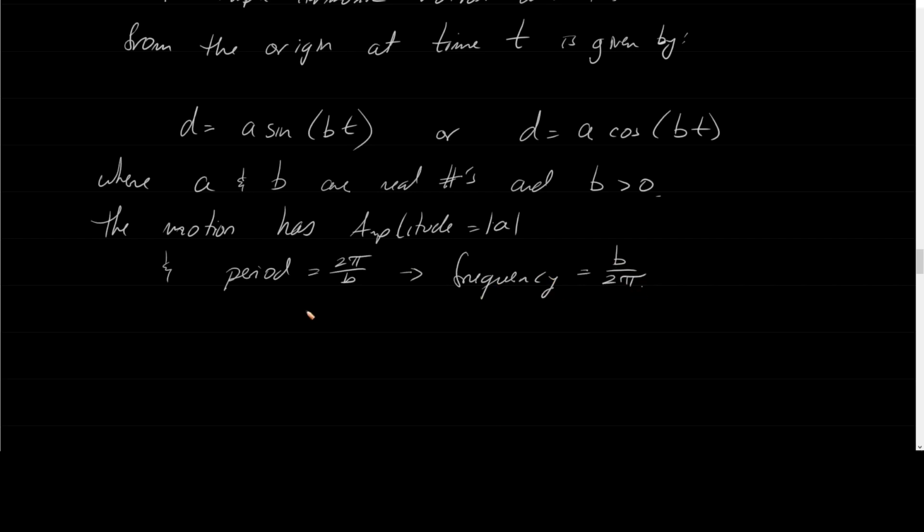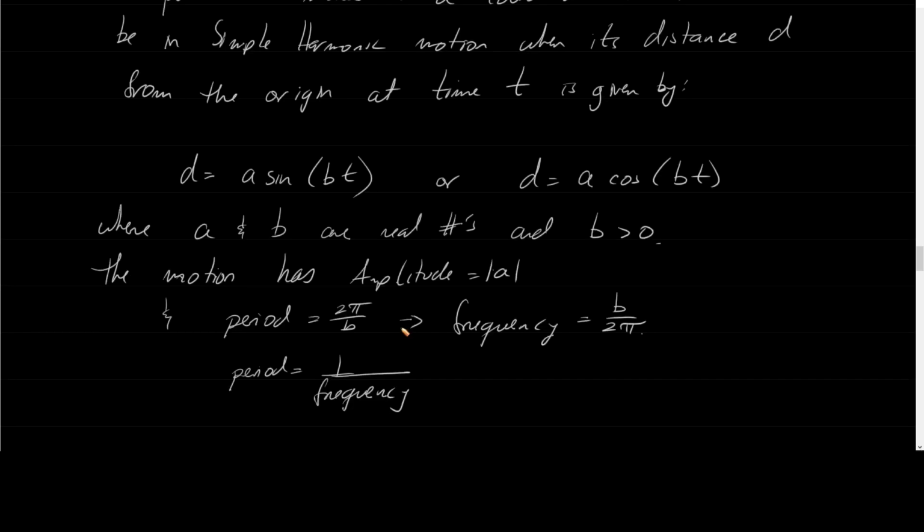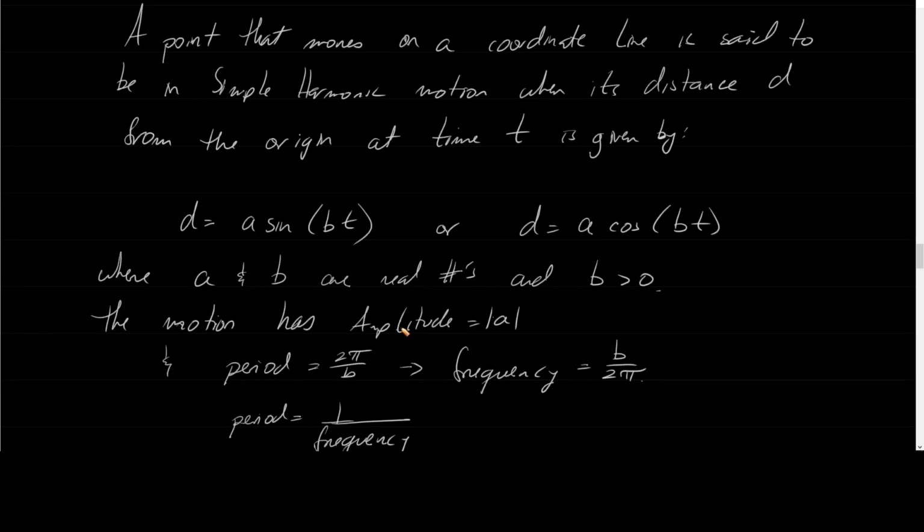All right. Notice something here, that the period and frequency are reciprocals of each other. So we can say the period is equal to 1 over the frequency. That is in general the definition of simple harmonic motion. It's going to be essentially a sine wave or a cosine wave with some amplitude, some period, and the period implies some sort of frequency as well.